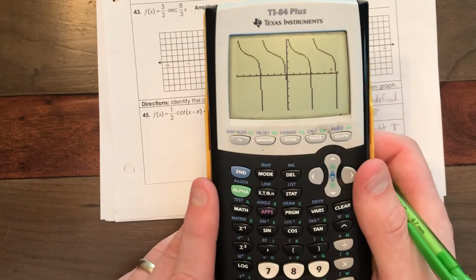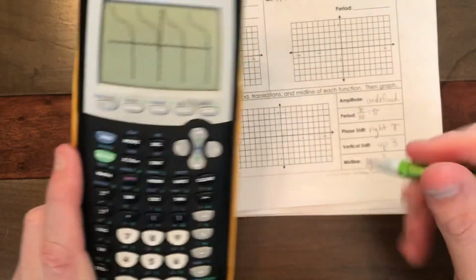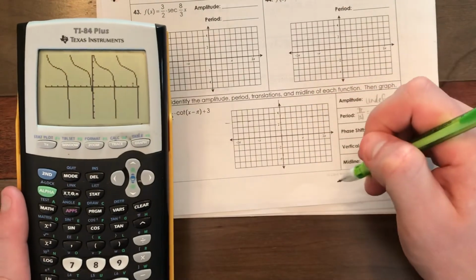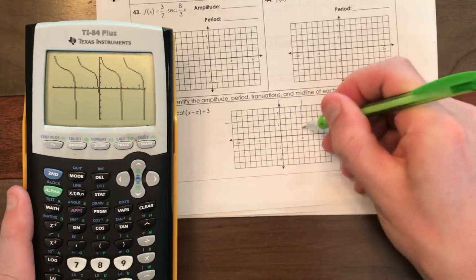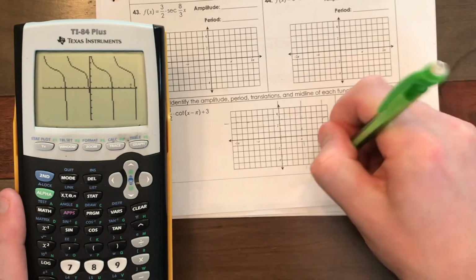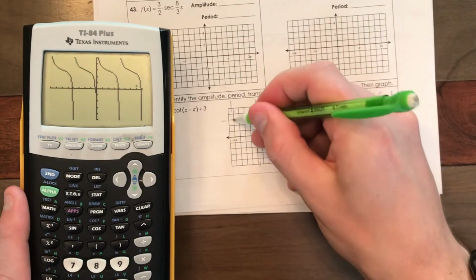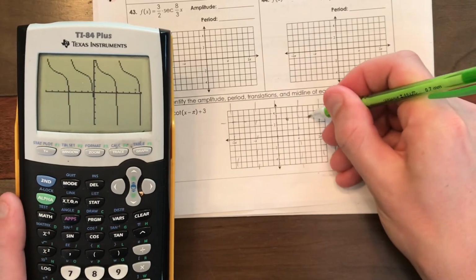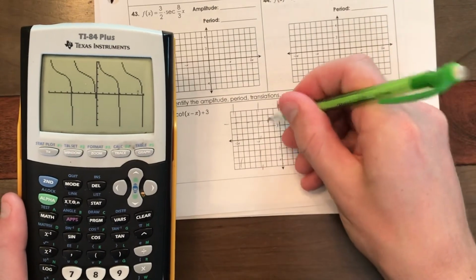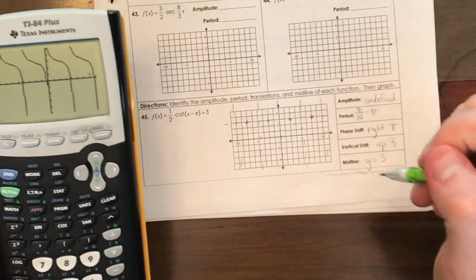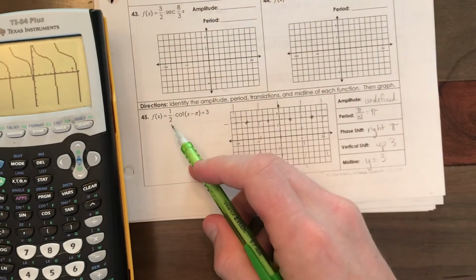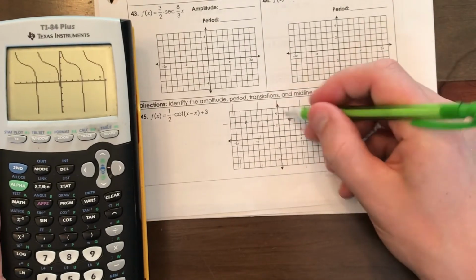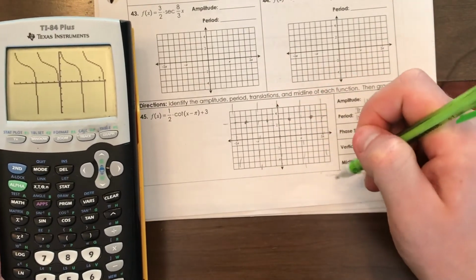There we go, we got something that looks like this right here. So our asymptotes, I'm going to put them, it looks like at 0, and then at pi, at 2 pi, negative pi, negative 2 pi. Right? And then I'm going to hit that midline smack dab in the middle of each of those asymptotes. And remember this number out in front, the 1/2, that's not our amplitude, but it does tell us how steeply we're going to be drawing our curve here.